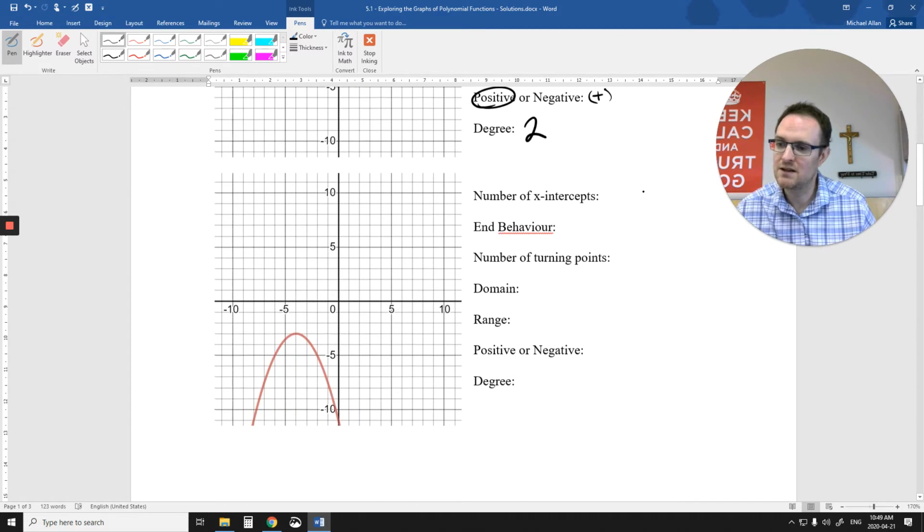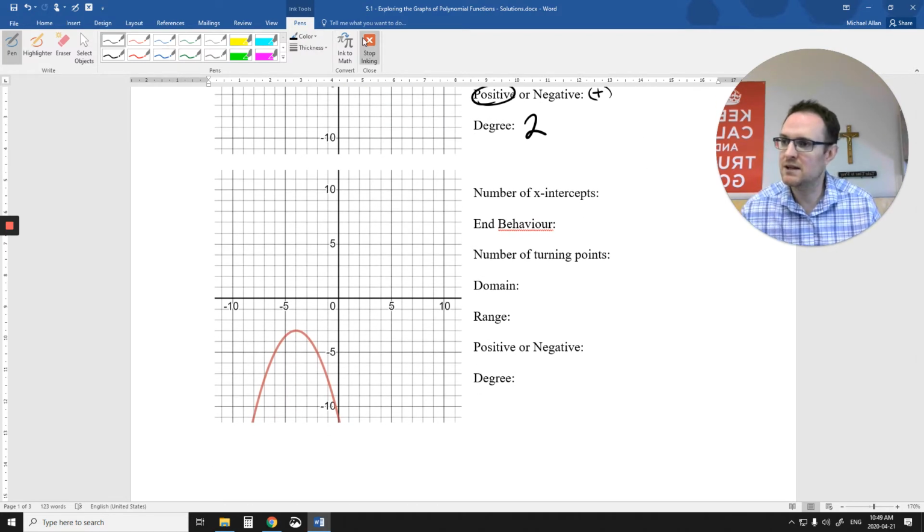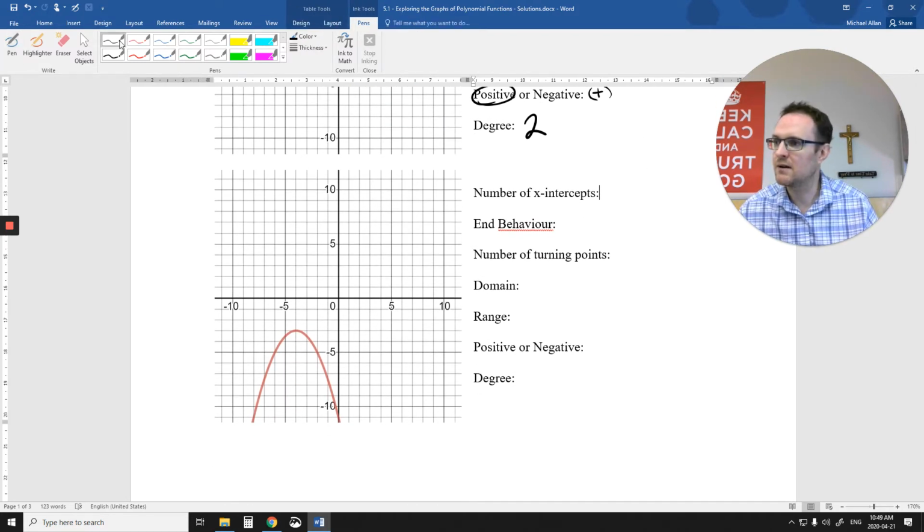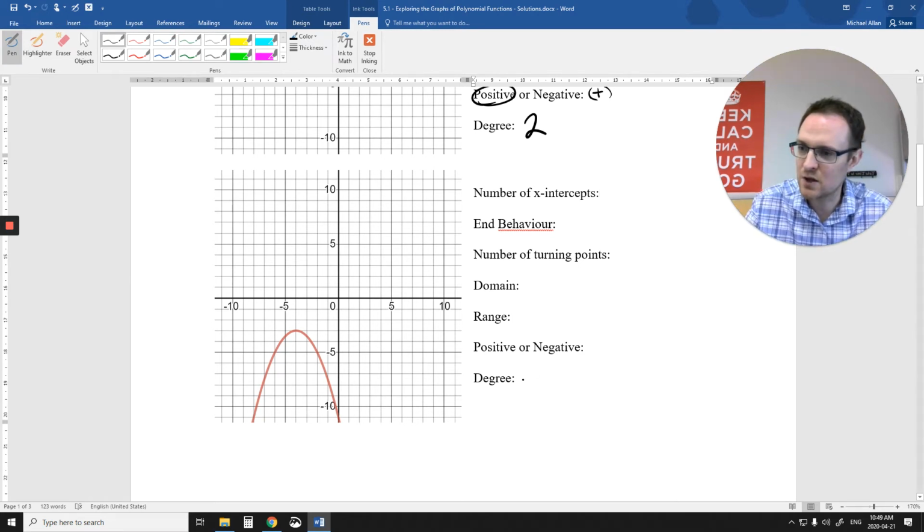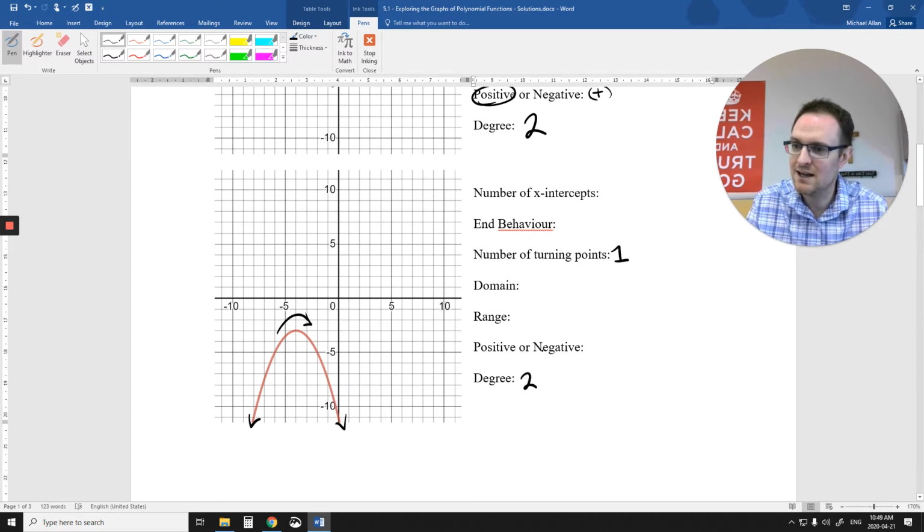Quadratics are 2. So on this next one here, we can quickly do some of these. Like this is a quadratic. Can't see too much of this graph, but it does have that one distinct turning point. It's a quadratic. It's upside down, so it's a frowny face. So this is a negative graph, which means that its leading coefficient is a negative number.